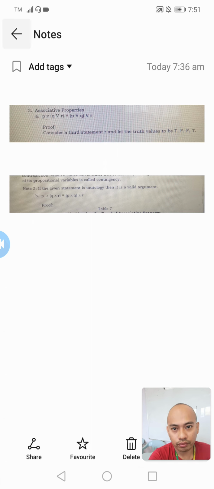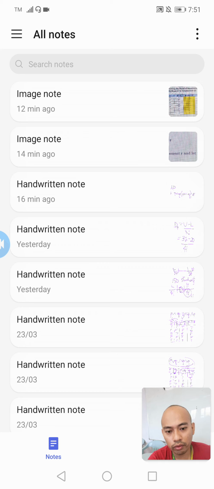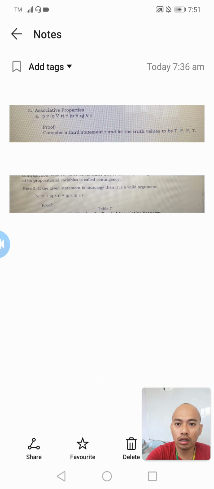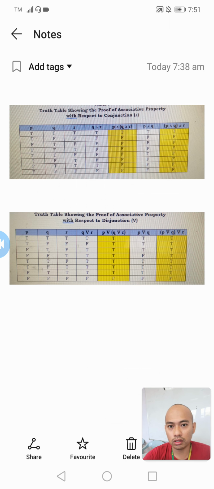So, of course, to be able to prove if these two compound statements are really equivalent to each other, we will still be utilizing the truth tables. What is presented on the notepad are the truth tables of the two given cases under the associative property.